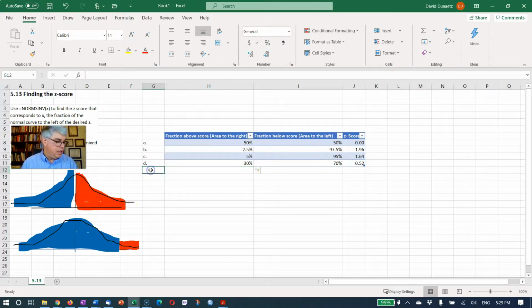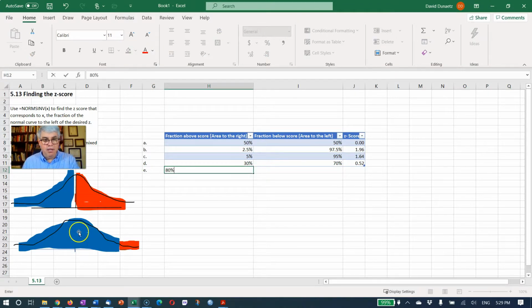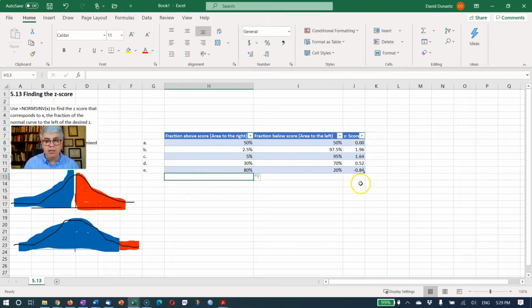And then E is 80%. So that'll be over here now, because we're going to have almost all of it in the red area and only 20% in the blue area. And since that's going to be over on this side, it's a negative z-score of minus 0.84.